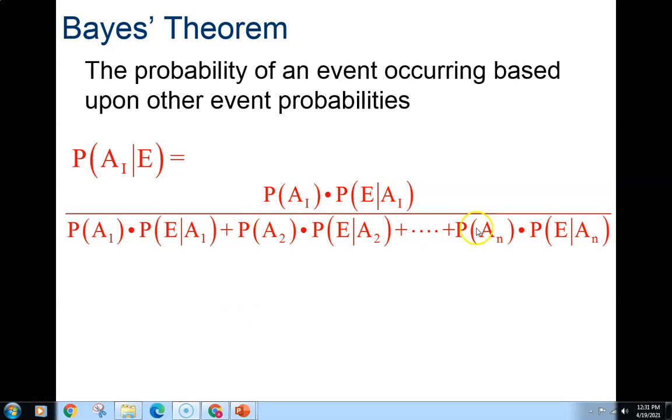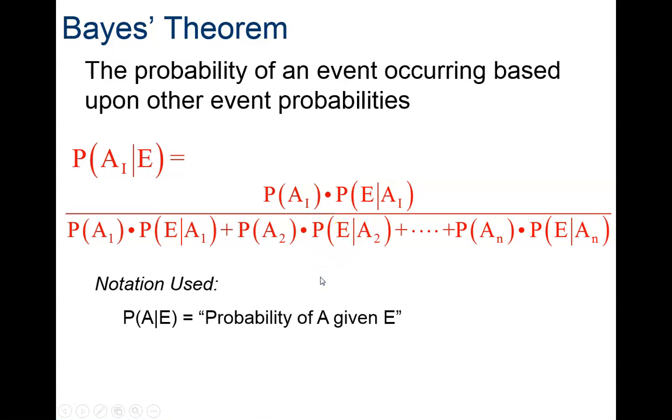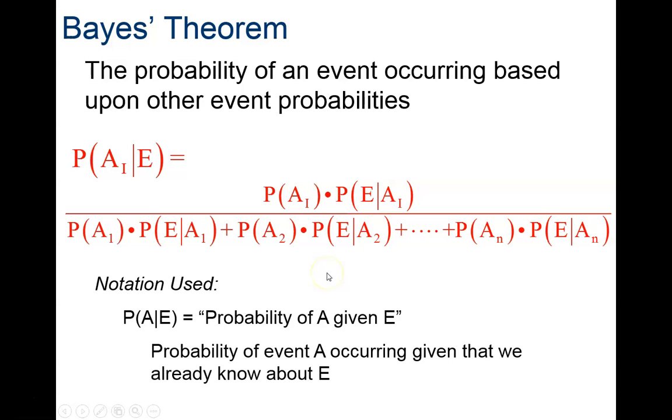I'm going to show you an example, and we're going to look at it as basically the probability of A happening is how many units of A do we have over how many total units of the whole system do we have. Okay, the probability of A given E.